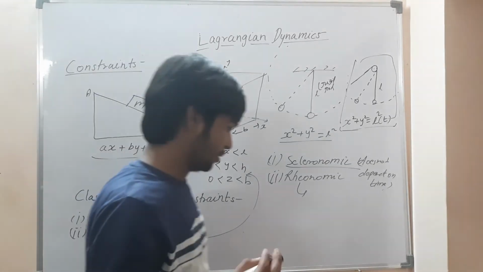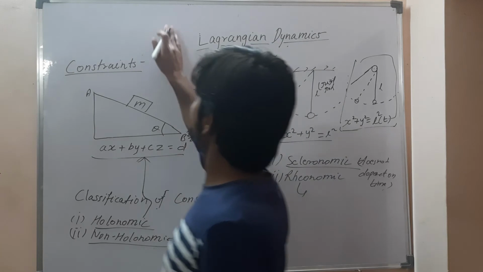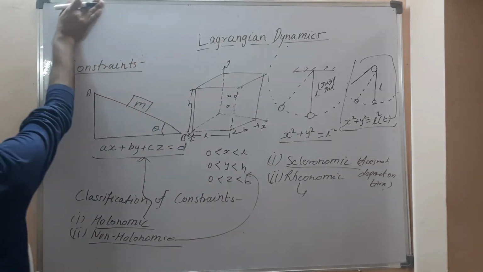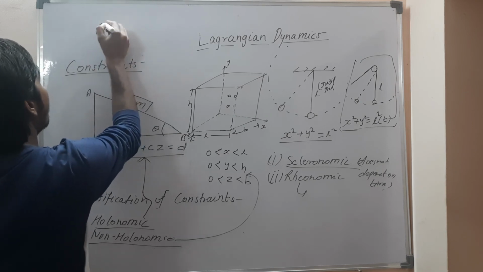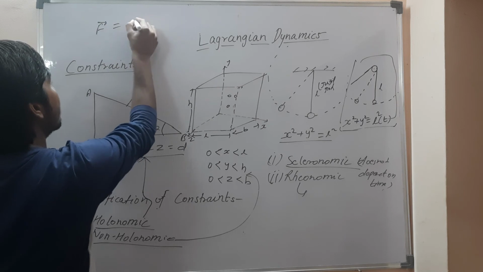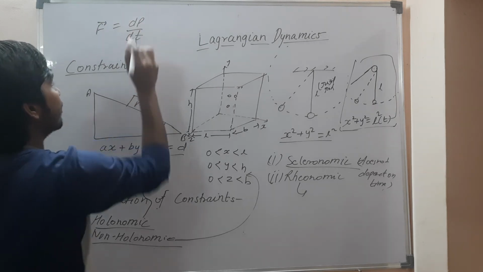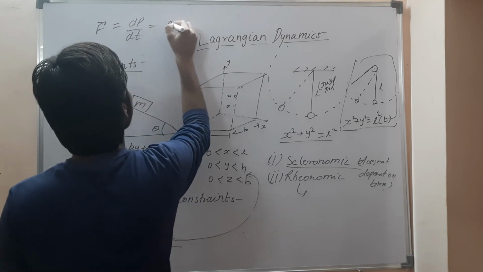In the next class we will use Newtonian mechanics, in the sense that we will use the formula. If you don't know about Newtonian mechanics, I think you know this formula: force, from the second law of motion, can be expressed as dp by dt, and we can write it as p dot.